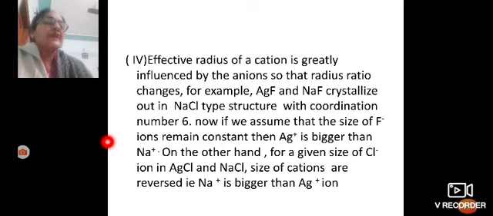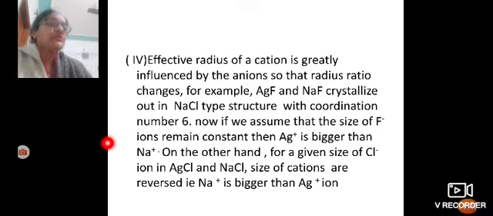Fourth, the effective radius of a cation is greatly influenced by the anions, so that the radius ratio changes. For example, silver fluoride and sodium fluoride crystallize in sodium chloride type structure with coordination number 6.